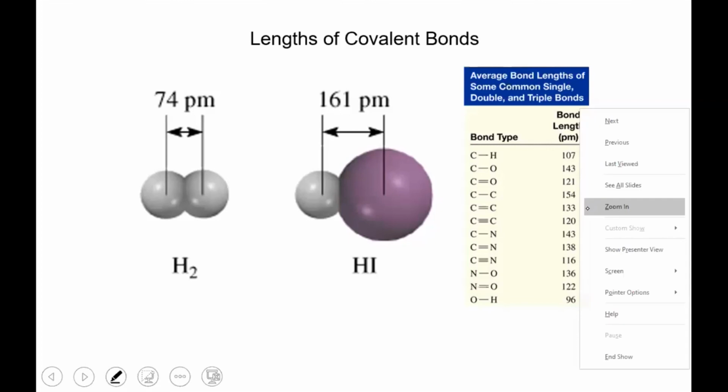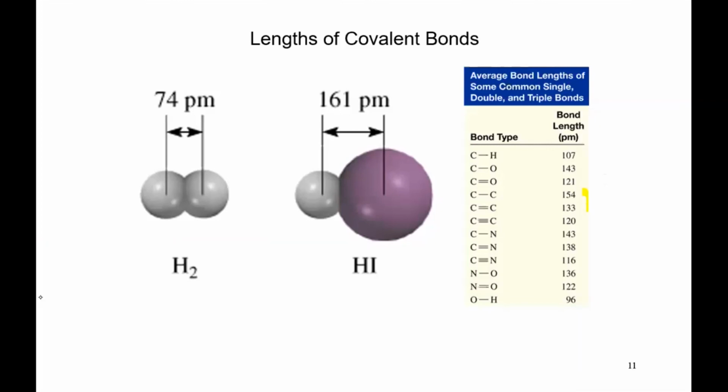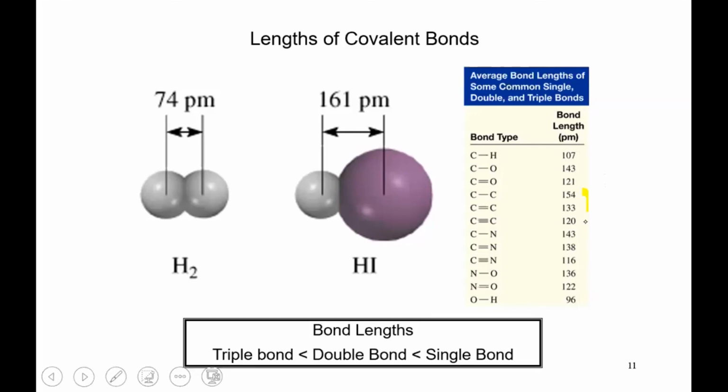You can see it over here that essentially the single bond is typically longer than the double bond, which in turn is longer than the triple bond. So the trend is triple bonds are shorter than double bonds, and those are shorter than single bonds.